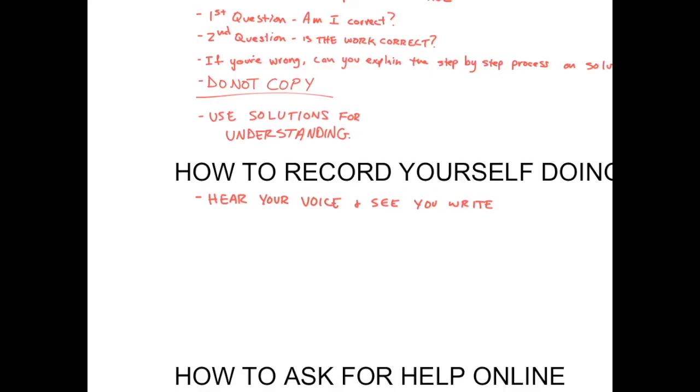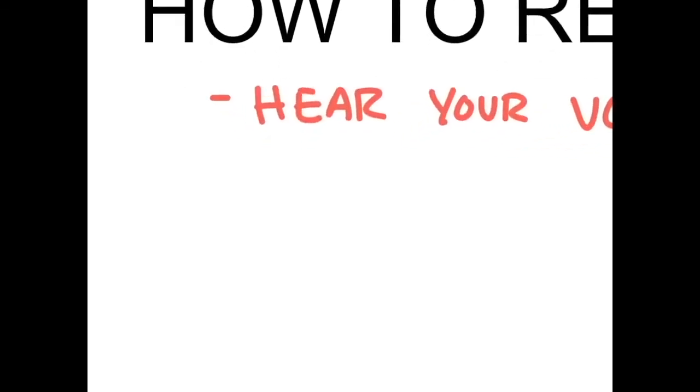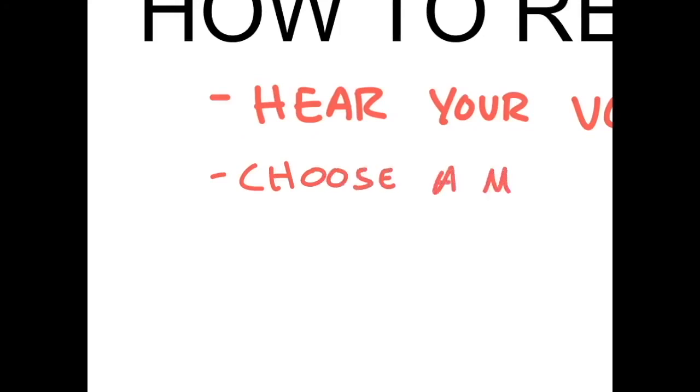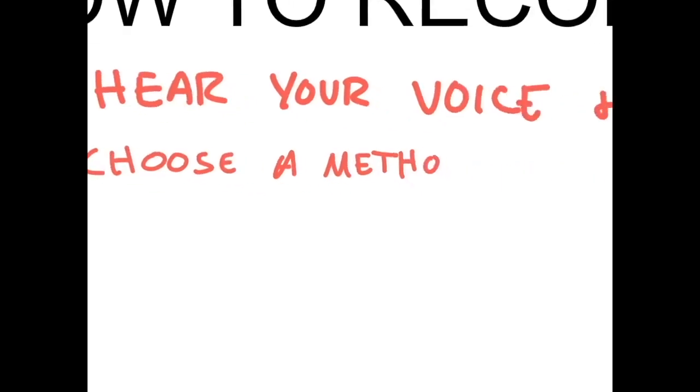Now, in order to record yourself, you have to choose a method of recording that works for you, okay? What I use, guys, is an iPad and a software called Explain Everything.